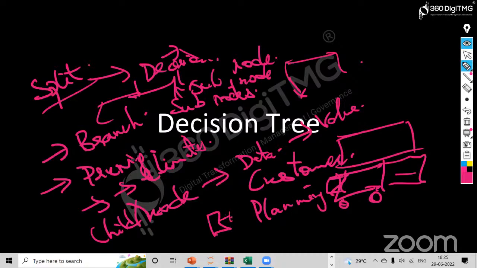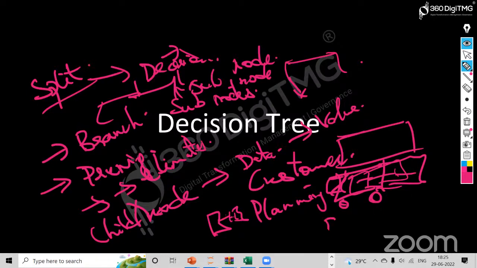He just needs to make a decision whether he wants to buy a car. Okay. And based on what scenarios should he decide on buying a car?